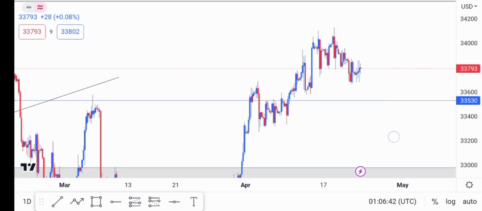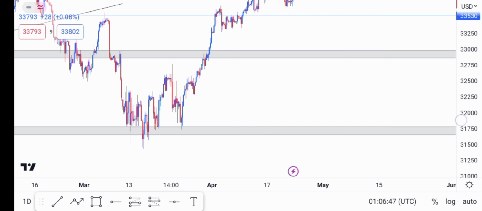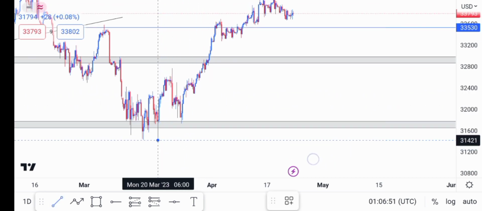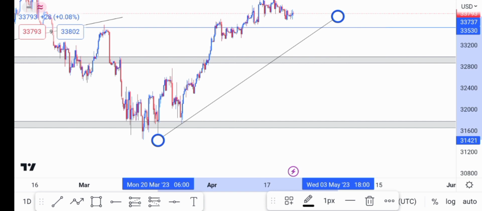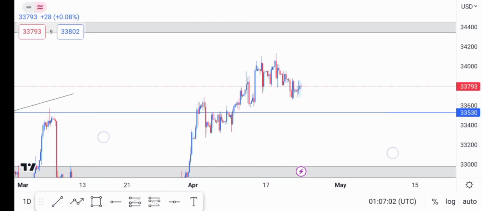If we were to look closely at the market, you have this lowest low here. If we try to draw a trend line over here, let us see if it's going to be valid. It's a long shot, so you can just ignore it for now, because we are focusing on what's really going on now.